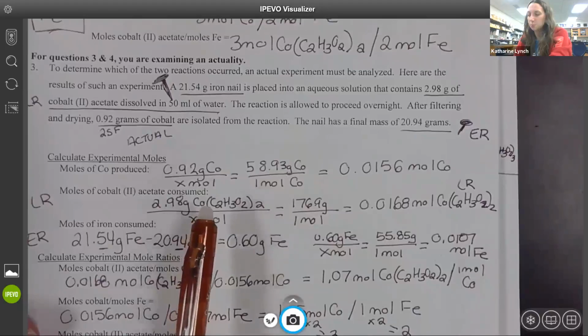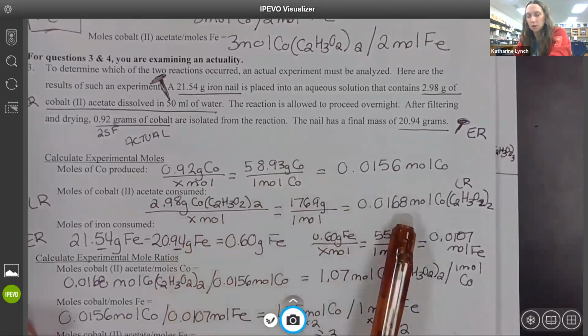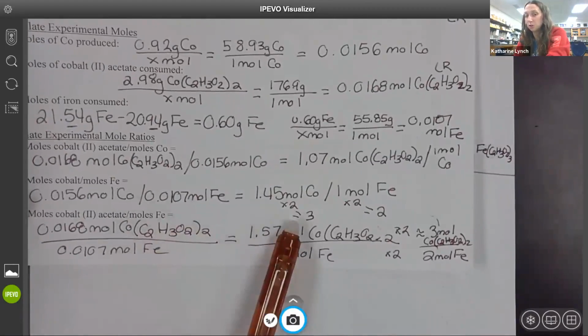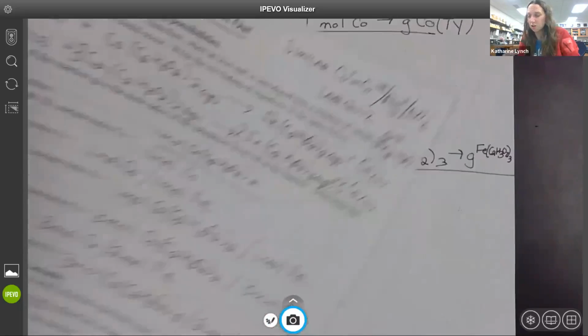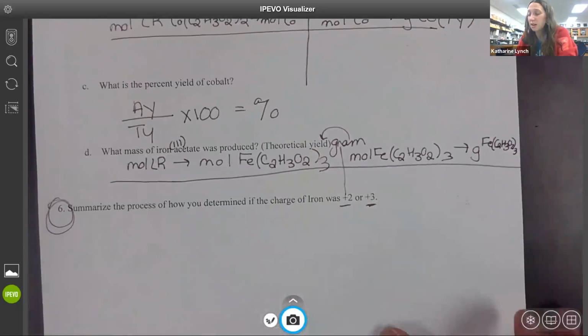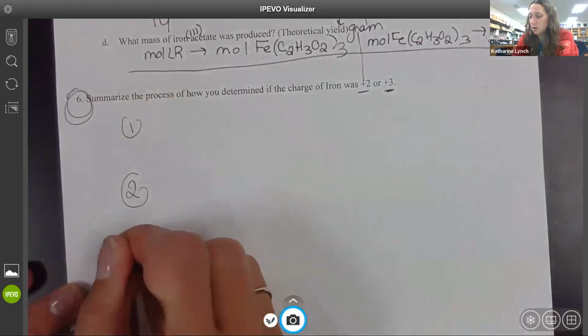You took experimental grams to moles. Then you compared experimental mole-to-mole ratios to actual mole-to-mole ratios. Your challenge is, can you summarize that? Maybe you can write some step-by-step ideas of how you did this.